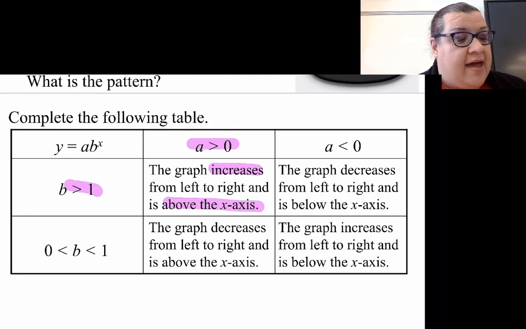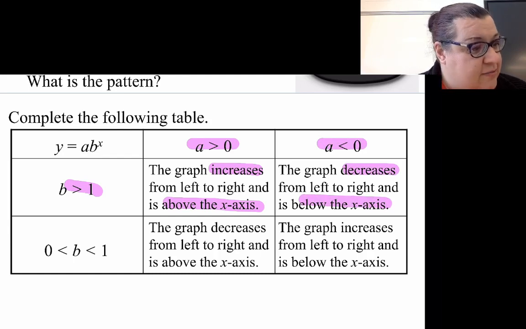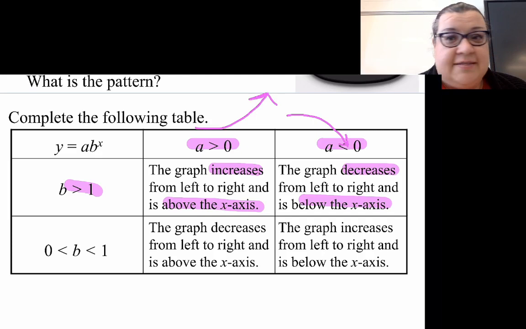When we flip that and we make the a value negative, we're going to get a decreasing graph and it is below the x-axis. This is when we get one that looks like this on the coordinate grid, whereas this one, we get one that looks like this, above the x-axis.